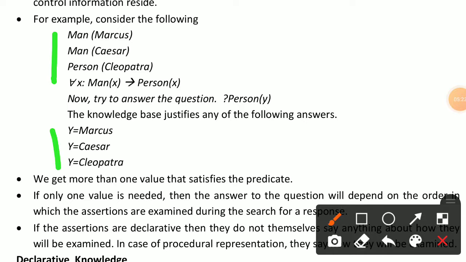Now we get more than one value that satisfies the predicate. Predicate means we can assume something. Here some basic functions are given in the example, and from that function we can assume the person name. So here we can assume three names.